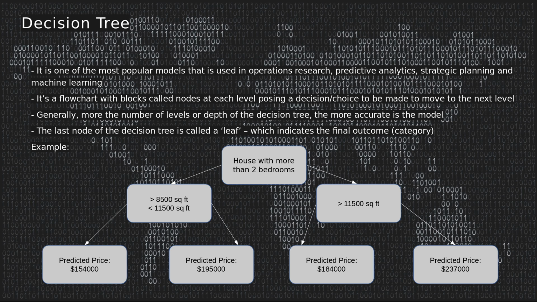The deeper we go into the level, the more accurate the results could be. What that means is, the more decisions we make, the closer we will be to our answer, or the more accurate our prediction will be.